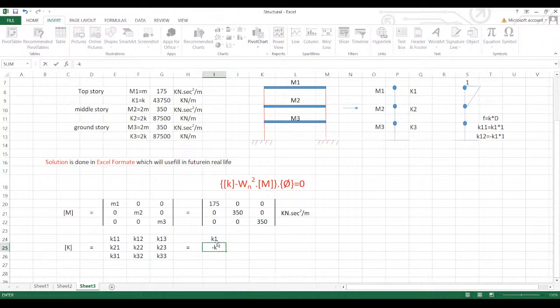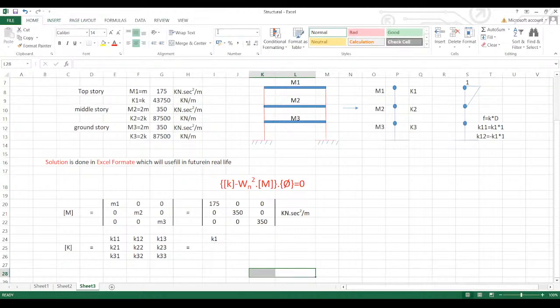Minus K1 is not showing. Okay, insert general number format, general is equal to minus K1.